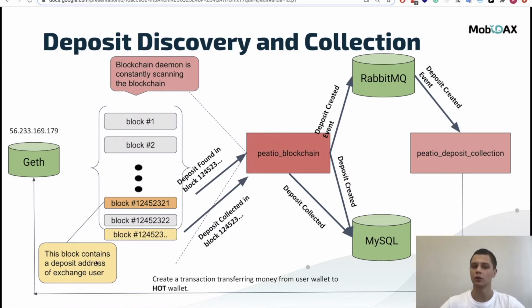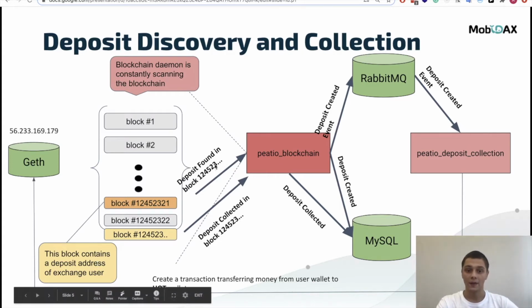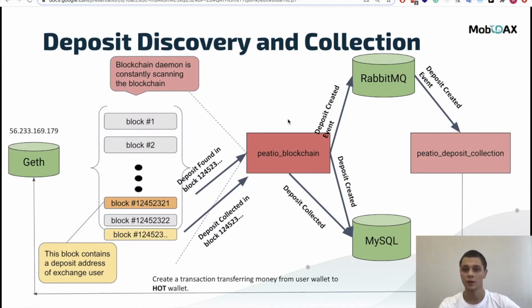It found your deposit address, found the amount of money you wanted to transfer, and it has this event like, I found a deposit. So a deposit was created, and then it generates an event to RabbitMQ that I mentioned earlier, that a deposit was created. And this event is then collected by the deposit collection daemon.